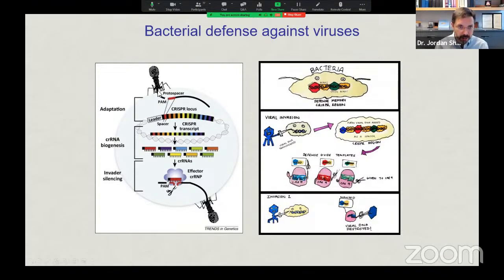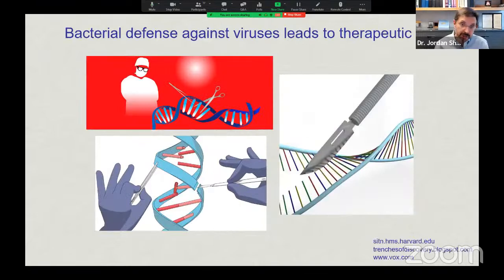So when bacteriophage inject their DNA, bacteria can match it with CRISPR, and then they can chop that DNA up and protect themselves from it. So we've taken this and repurposed it into a medical tool. And so I think it's important that we have many, many labs working on a lot of different things that don't seem obviously related to human health, but can lead that way.